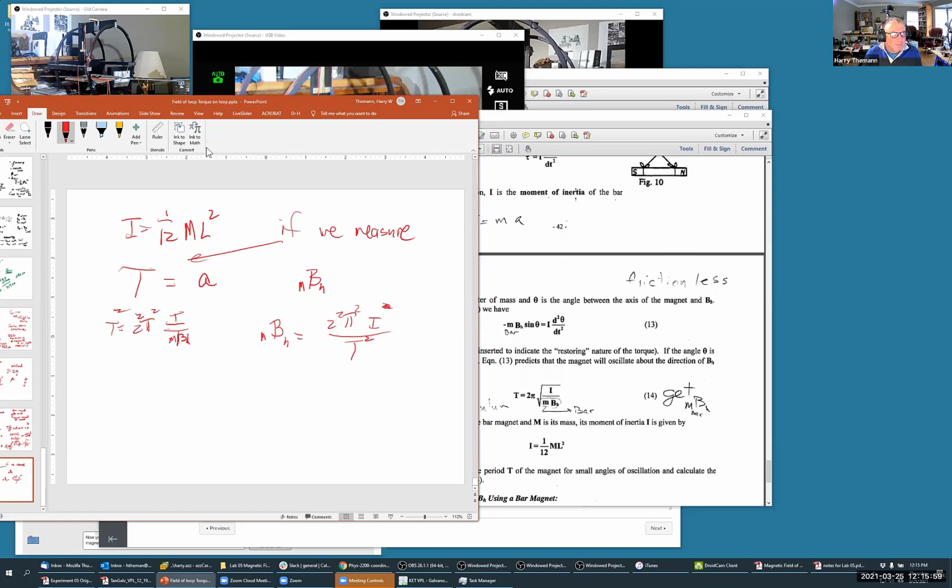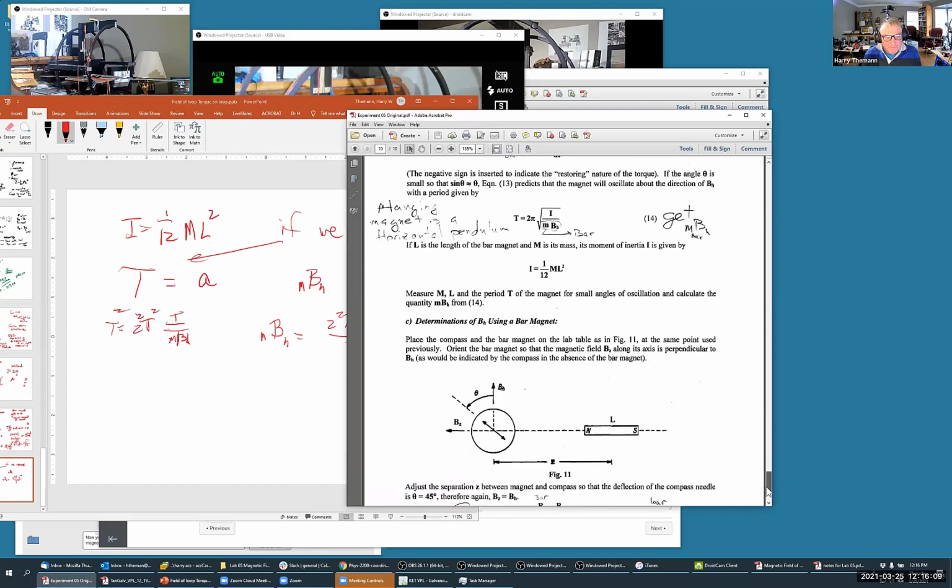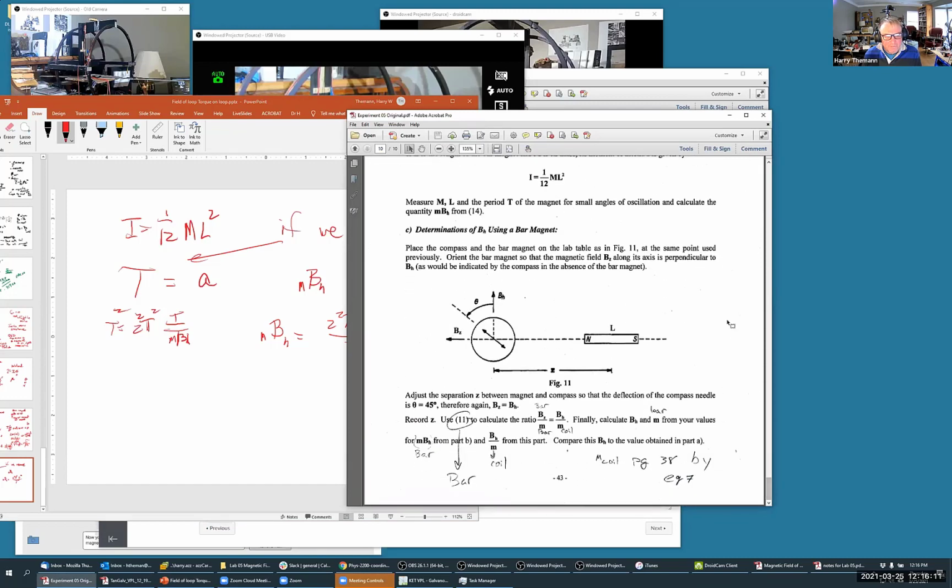Yeah, so we can measure M and L, we can get I. So we can't separate these two yet. And then we can also say that with the bar magnet, we can set this distance z.